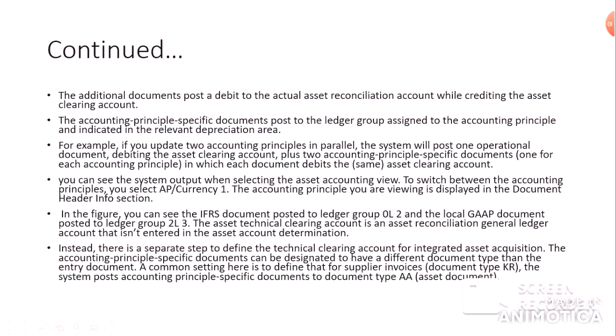So if we have two accounting principles, there are totally three documents posted. One is operational and two are accounting principle documents, one for each accounting principle, in which each document debits the same asset clearing account.